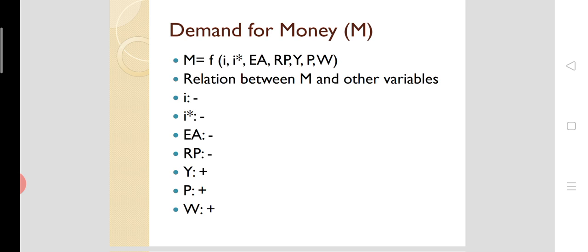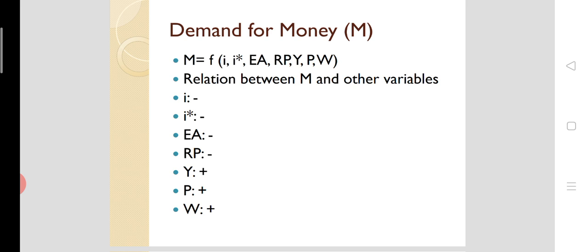It is negatively related. You can see there is a negative sign given along with I. I is the domestic rate of interest. So when the domestic rate of interest is higher, demand for money is lower. That is the meaning of the negative sign. So how does it happen?